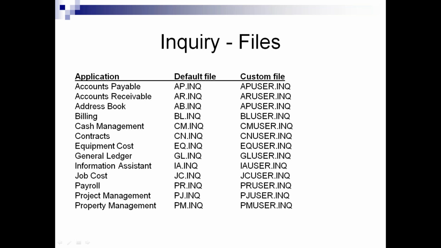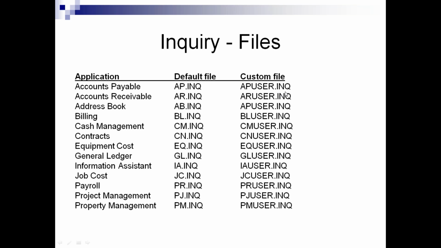Once you start making changes or creating your own inquiries, the software will automatically copy the default file that comes with Sage over to a custom file name that has the word user in it. So as our example here for AP, we start out in a file called ap.inq, and as soon as we start making modifications or additions, that file is copied to apuser.inq.